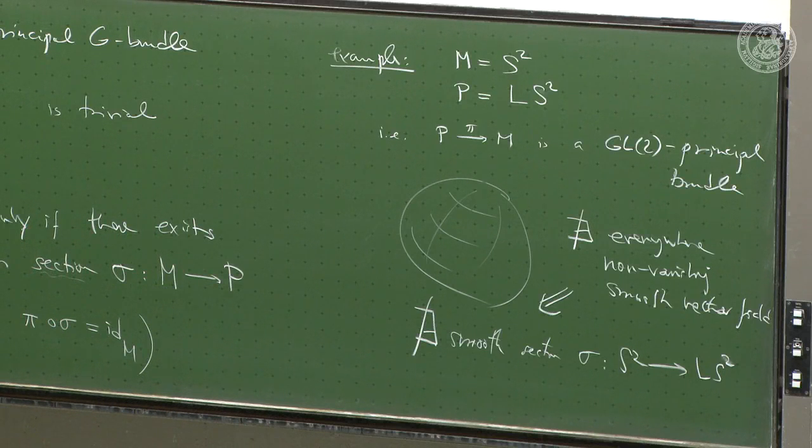Well, it isn't trivial, because the theorem says a principal G bundle is trivial if and only if there exists a smooth section. That's it. So from this again we can see that there are bundles that are non-trivial. There are certainly principal G bundles that are trivial, namely the yellow guy. Trivially is trivial.